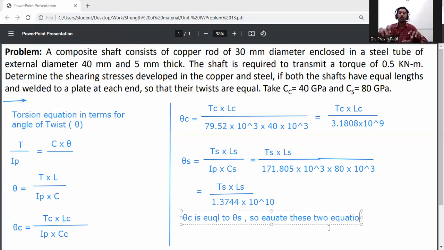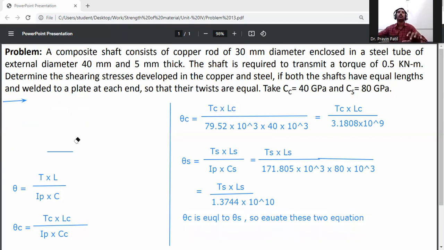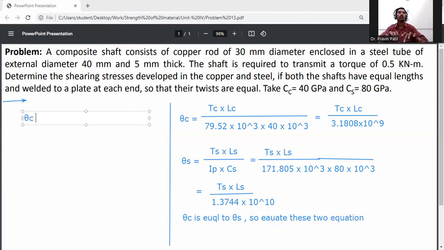Because of composite, the angle of twist will be the same. That means theta C is equal to theta S.